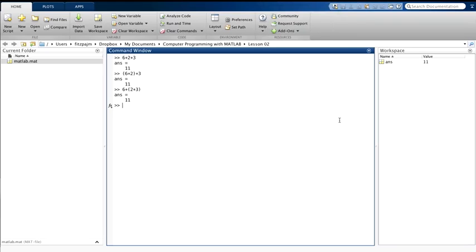Well, what about this? The actual order is like this. The 6 minus 2 goes first because, at the risk of being boring, or perhaps I should say even more boring, MATLAB always evaluates from left to right when the operators have the same precedence.